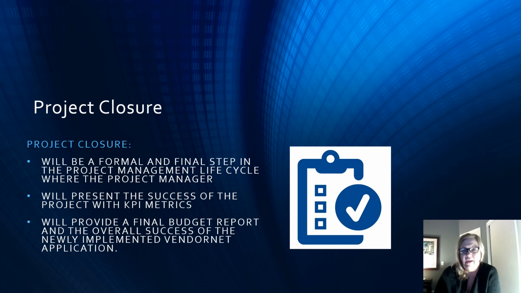In the VendorNet application development, the final step in the project lifecycle will be project closure, where we will present success metrics of the project with key performance indicators. We will provide a final budget report and an overall success of the newly implemented VendorNet application.